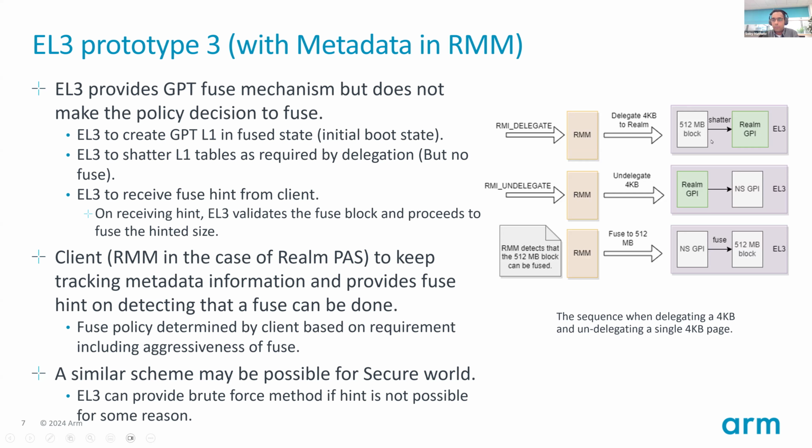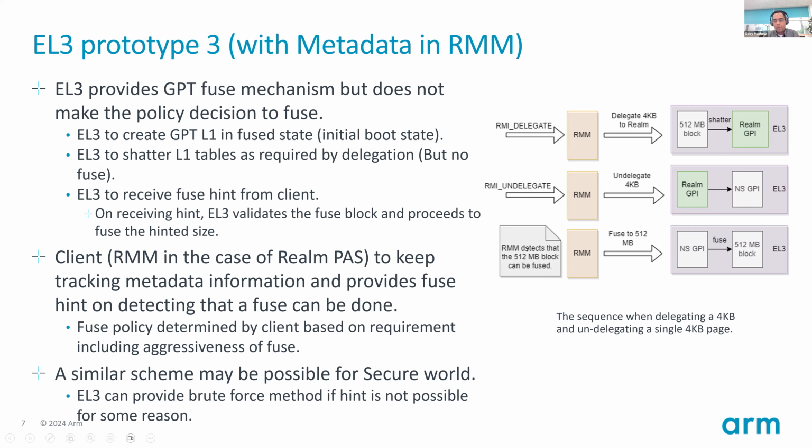So EL3 shatters it down to the particular page, and then transitions that page to a realm GPI. If it receives an undelegate request, it transitions the realm GPI, and we break the initial 512 MB block into a non-secure GPI corresponding to that.